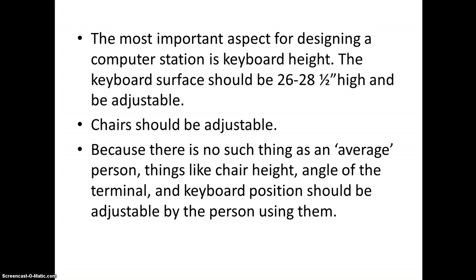So when we're looking at our keyboard heights for our workstations, they should be about 26 to 28.5 inches high. And they should be adjustable because, as we were talking about in the anthropometrics, not one size fits all. So we want our chairs to be adjustable, like we had talked about. We want the keyboard height to be adjustable for those working on there, because we know there's no such thing as an average person.